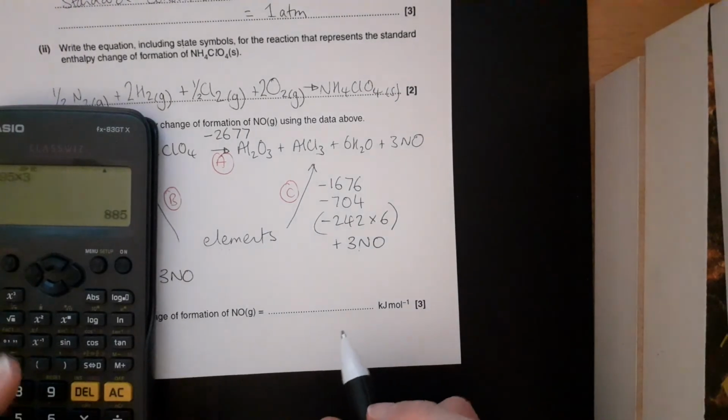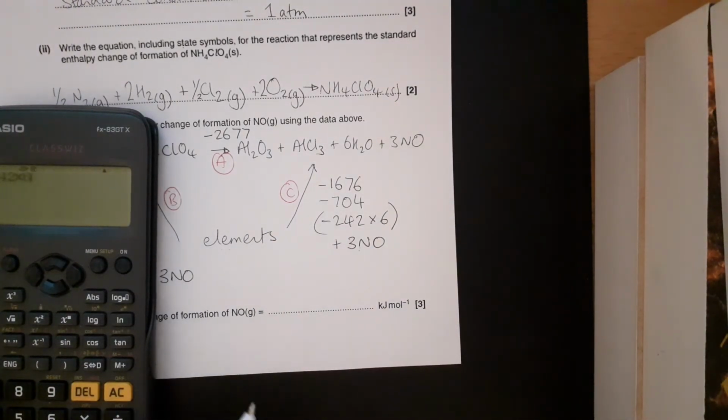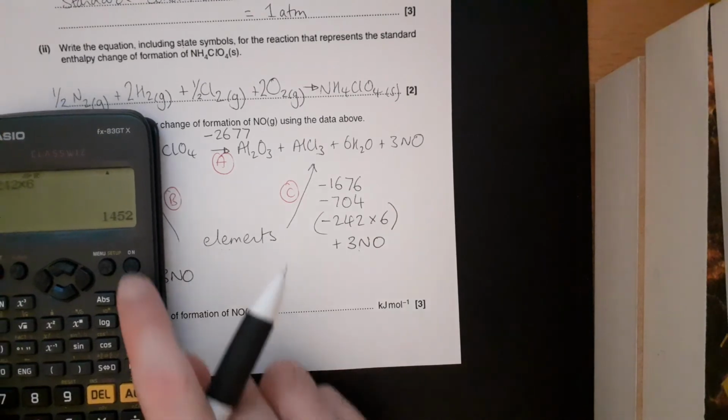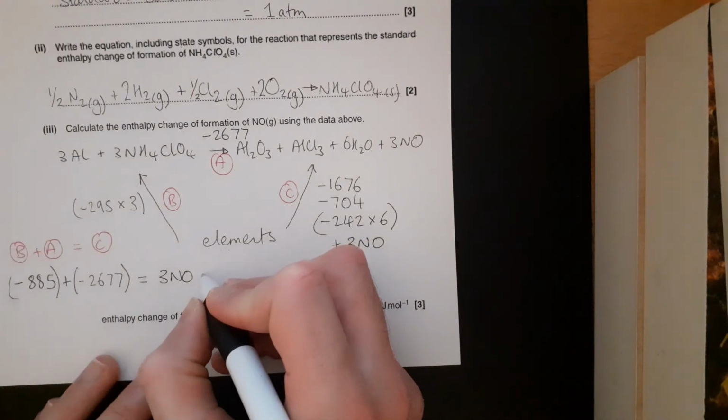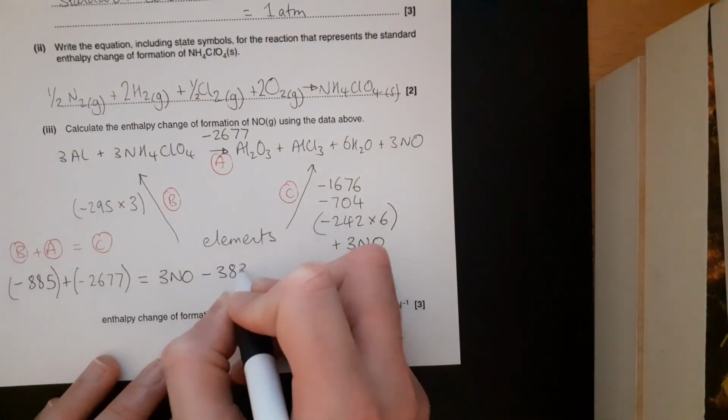So let's add this up. Let's do minus 242 times 6, minus 704, minus 1676. Minus 3832.